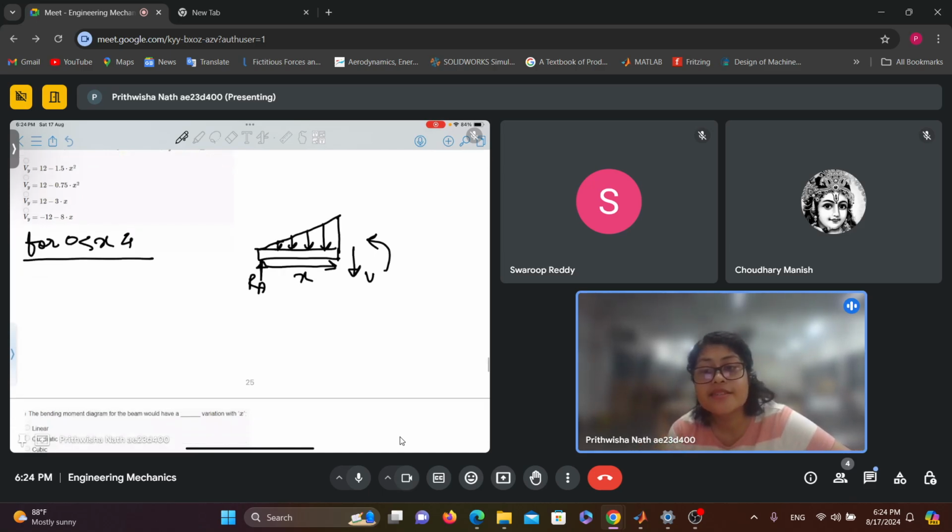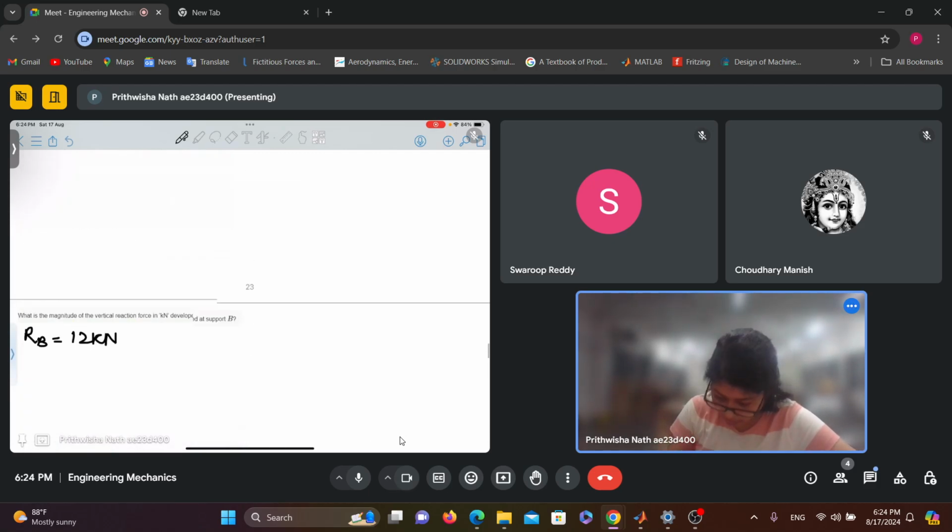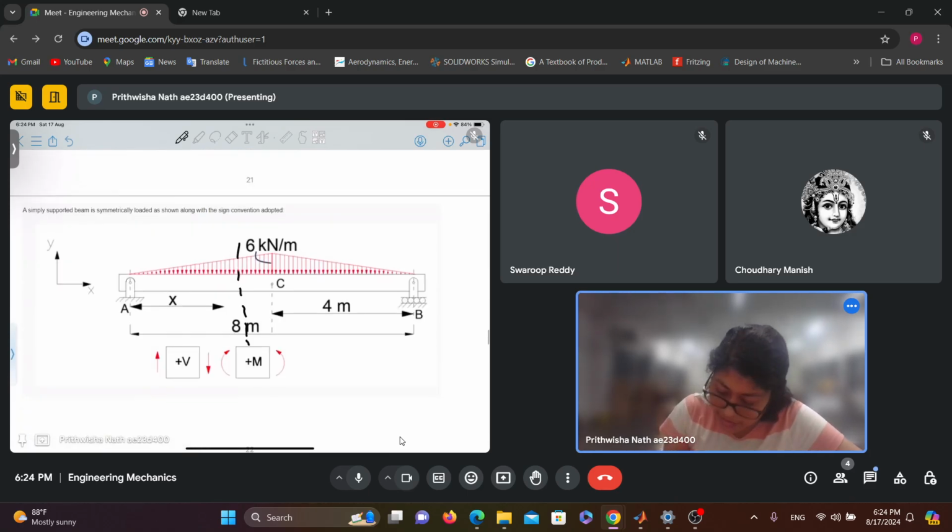Now, from similar triangle consideration, we can find Wx at an arbitrary point. We know that this is 6 kilonewton per meter. So for finding at an arbitrary location x, we can use the concept of similar triangle, right?